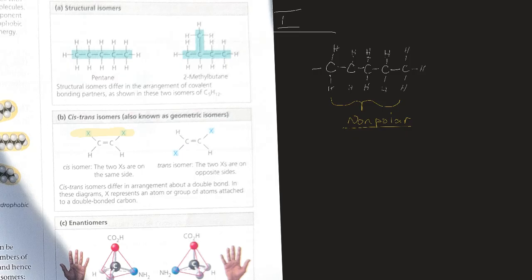If you look across a double bond, if you just look at where the double bond is, there's a double bond here and there's a double bond there. You'll notice that in cis, they're attached to the double bond on the same side. So they're cis. All right.